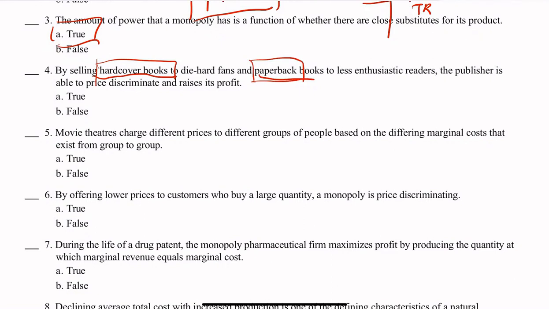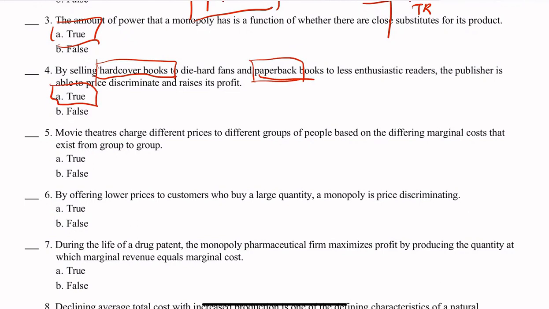But why is the publisher doing this? Well, because if you're a die-hard fan, you have higher willingness to pay, and you're happy to get a better covered book, right? So you will buy the hardcover book at a higher price. So this is correct.